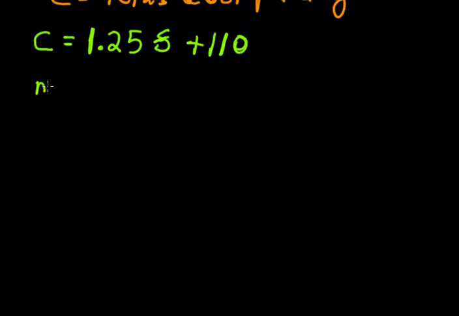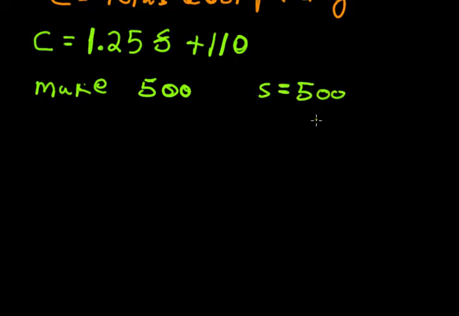So if I make 500 staplers, S equals 500. So C equals 1.25 times 500 plus 110.